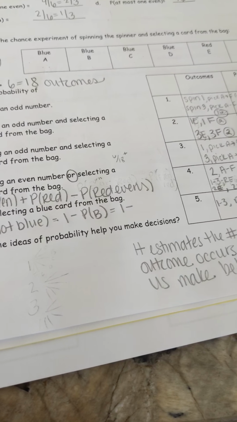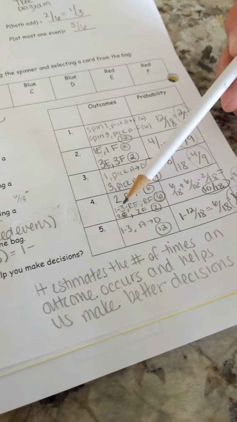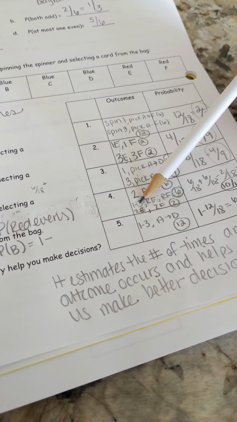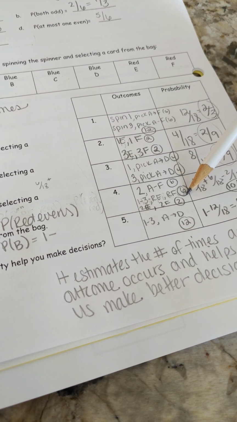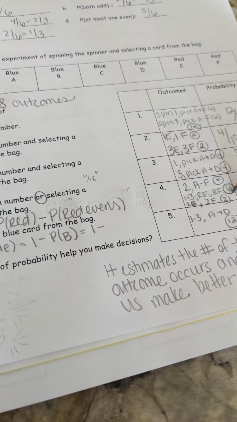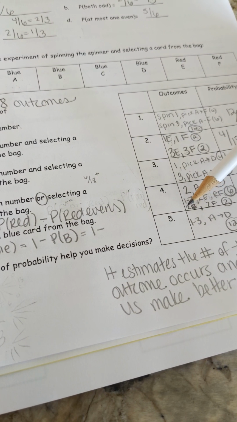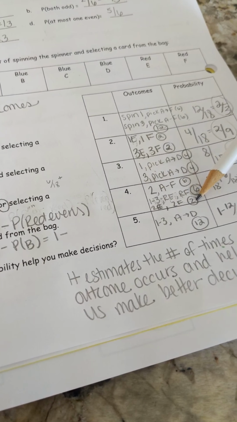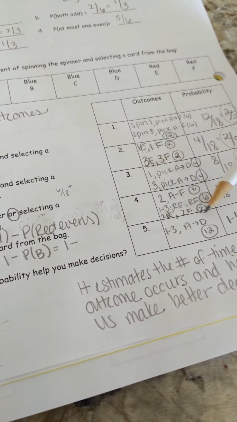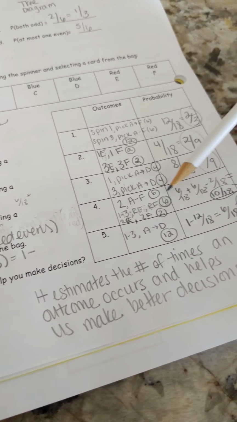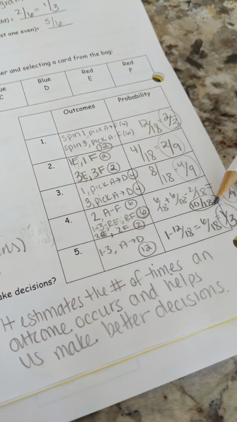What is the probability of getting a red? Well, I could spin 1 through 3 and pick a red E or a red F. So that's 6 possibilities there. And what's the probability of getting a red even? Well, I could spin a 2 and get an E, or spin a 2 and pick an F. So there's 2 possibilities there that have already been accounted for here. So we need to subtract those out. So we're going to add 6 plus 6 and minus the 2, and we get 10 out of 18.